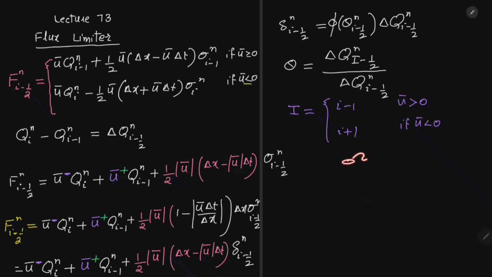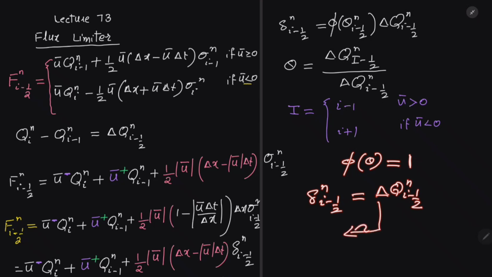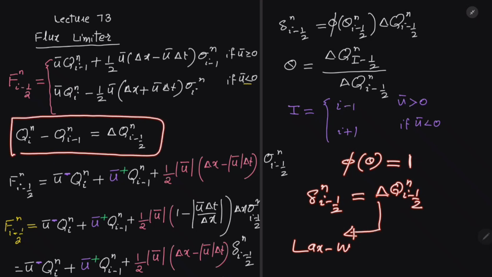If I write phi of theta equal to 1, then we have delta_{i-1/2} equal to delta Q_{i-1/2}. When you put that value into your flux, you will get the Lax-Wendroff method. Try it yourself. Take the value of this delta Q_{i-1/2} and the flux at i plus 1/2, and you will find out you get the Lax-Wendroff method.